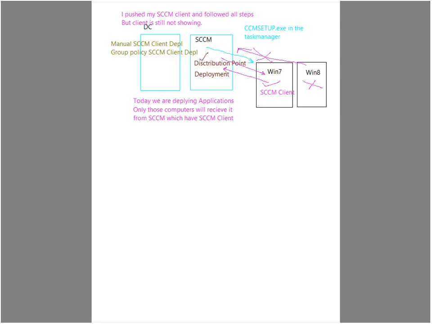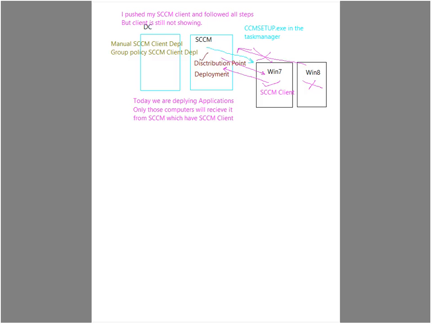So what's the meaning of distribution point? A server from where the software is distributed, right? But that does not mean it is deployed to the machines. Distribution point just means that you copied and pasted this MSI file on the server which has the system role called distribution point. That's it.